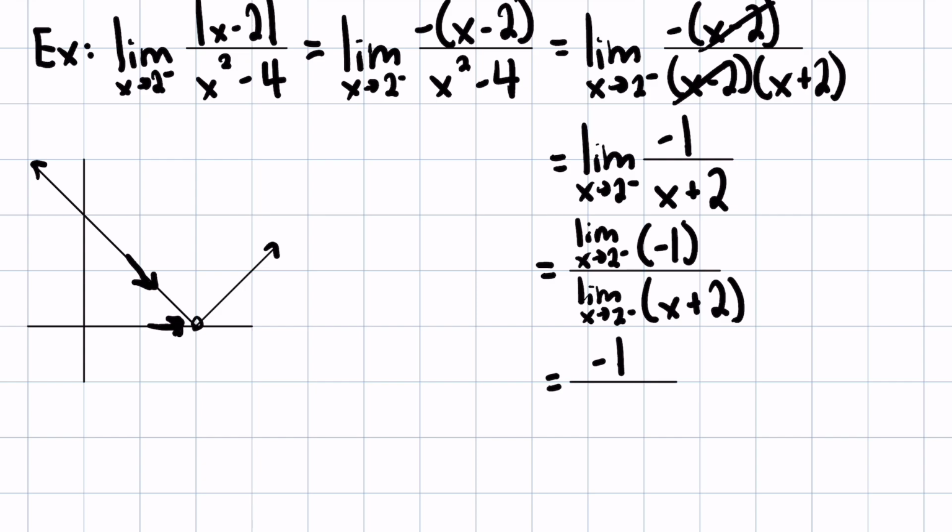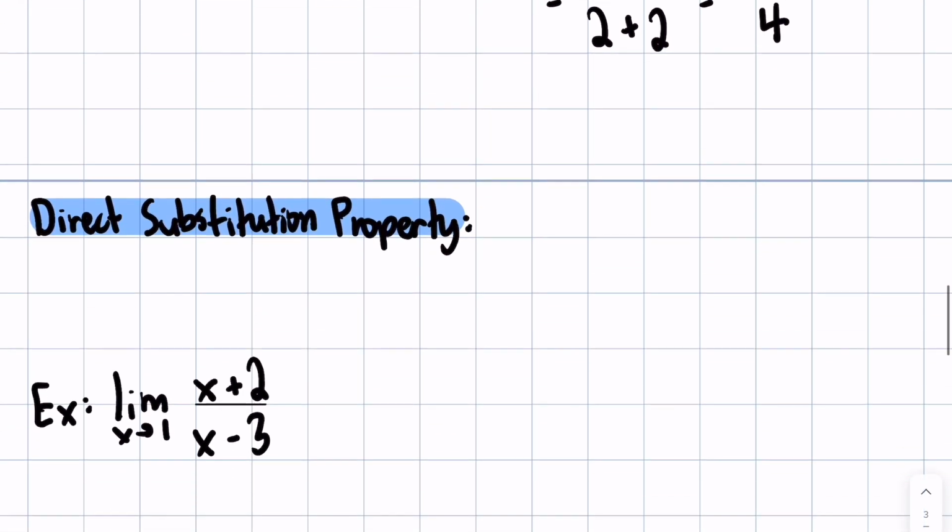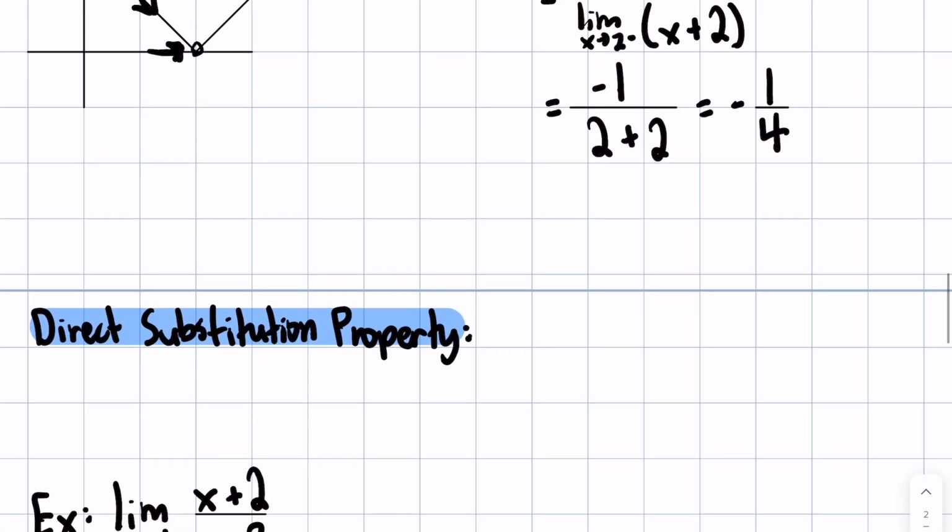And then for the bottom, we just plug in 2 for x, and we're going to get 2 plus 2. So what we end up with is negative 1/4. All right, so I know that's a slightly more complicated example, but that's how we can apply these limit laws to certain one-sided limits. The next thing that we're going to talk about is the direct substitution property.